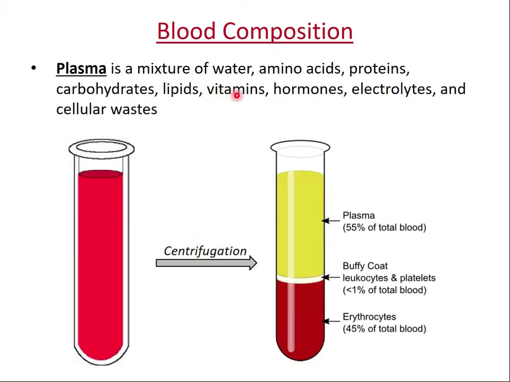Plasma is a mixture of water, amino acids, proteins, carbohydrates, lipids, vitamins, hormones, electrolytes, and cellular waste. About 55% of total blood is plasma, and about 45% is erythrocytes, red blood cells. You have less than 1%, which includes white blood cells and platelets.